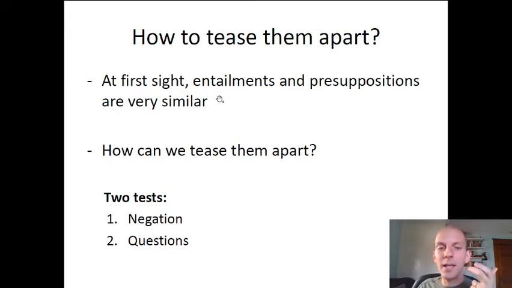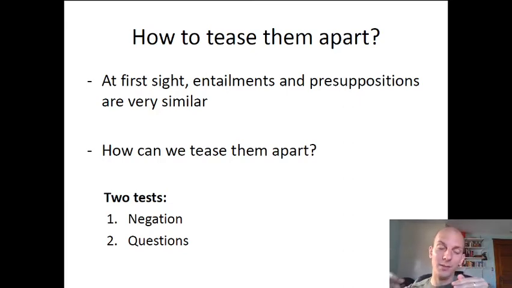So we saw again that at first sight, entailments and presuppositions are quite similar, but that there are ways we can tease them apart. One we already kind of hinted at, which is negation. If you flip the A sentence to be false, if you negate A, we start to see the B sentence behave differently in entailments and presuppositions.